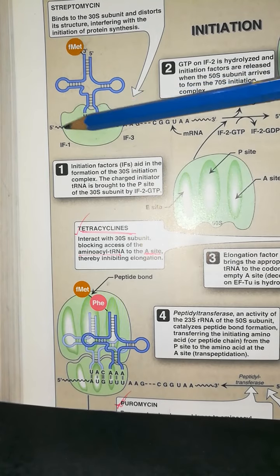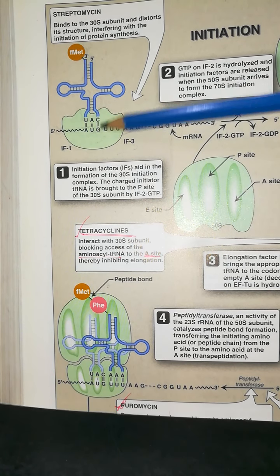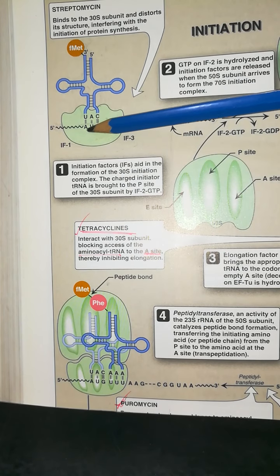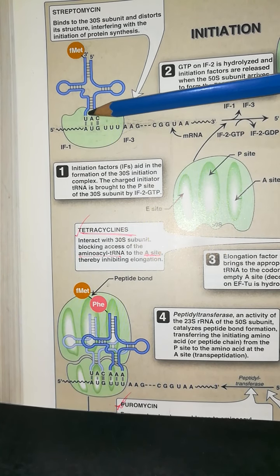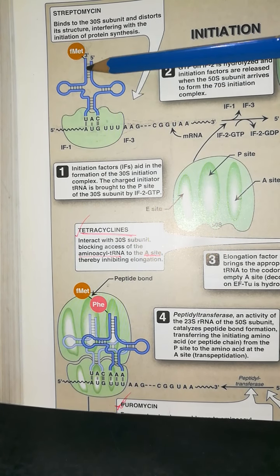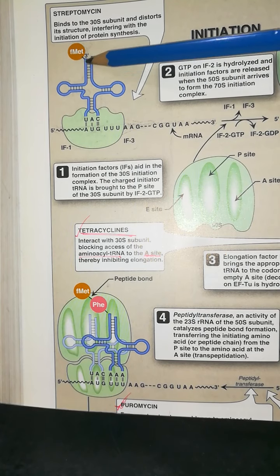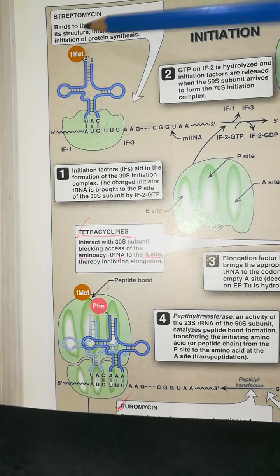And at first, the small ribosomal subunit scans this initiating codon. This initiating codon has the anticodon UAC. This UAC-containing tRNA comes to this site, which contains methionine also.